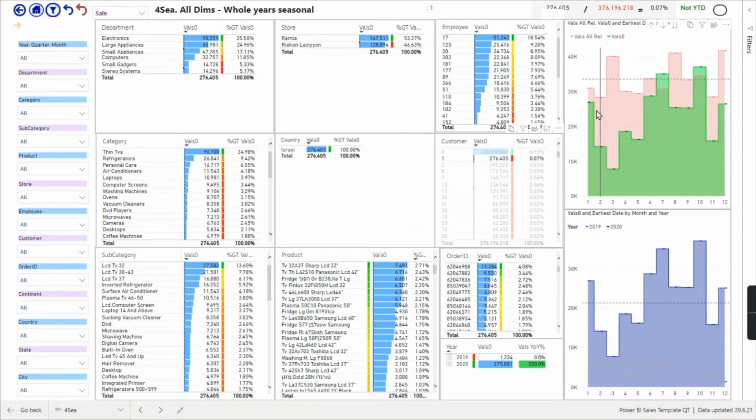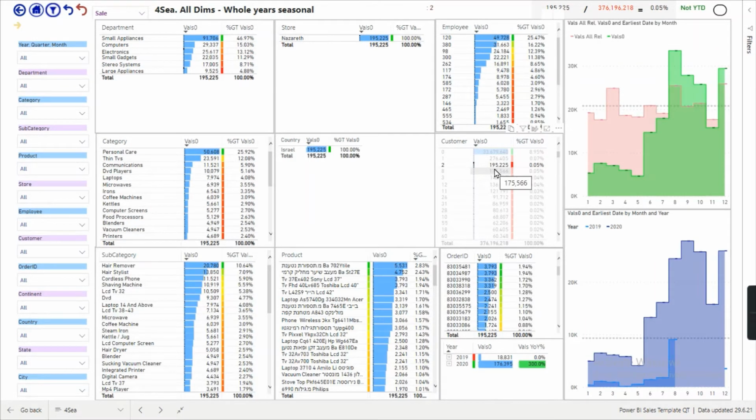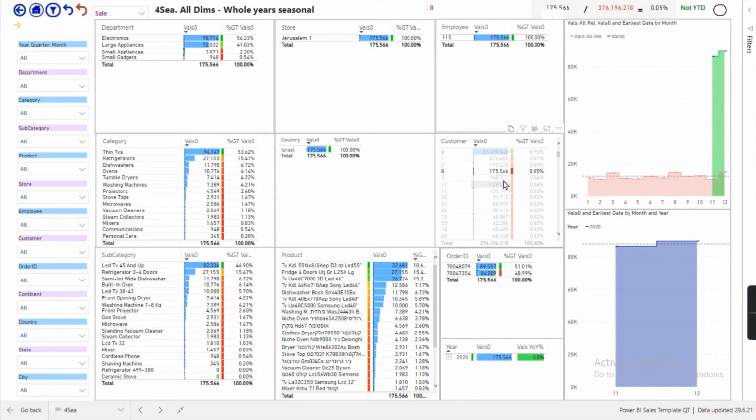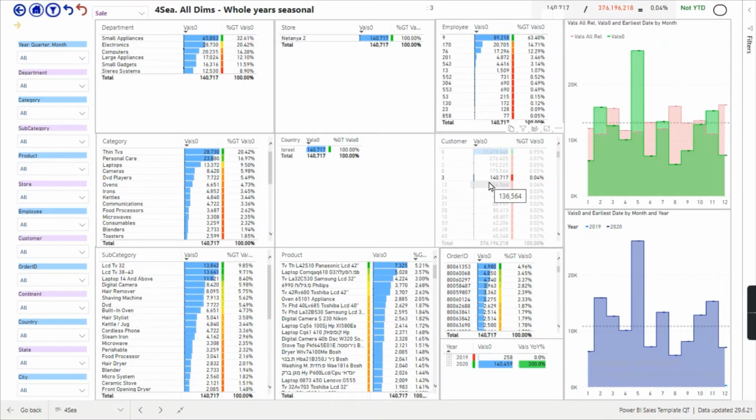Of course, is well under the average because he's only one customer of a lot of them. Okay, some are buying at the end of the year. It seems to be companies. The big customers are companies that are buying at the end of the year. This one not. It's different. Okay.